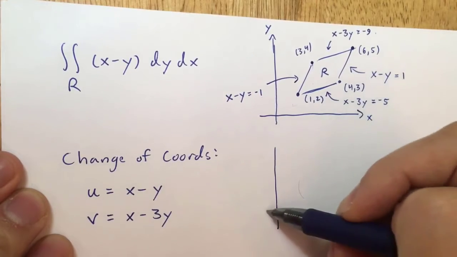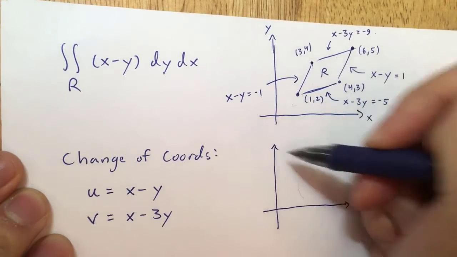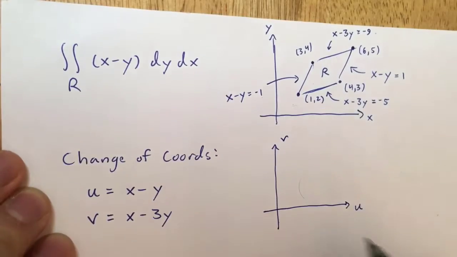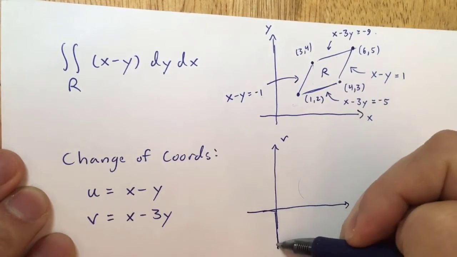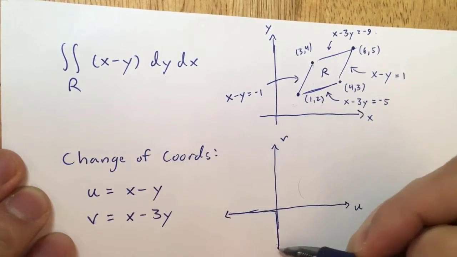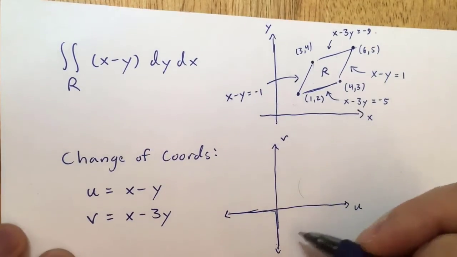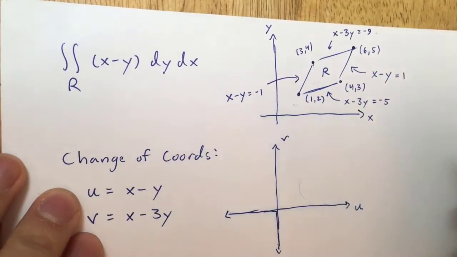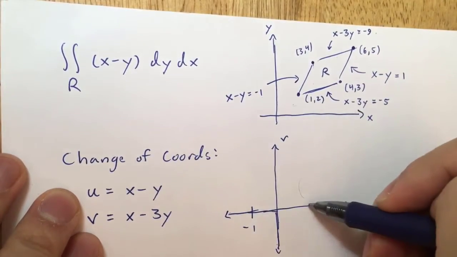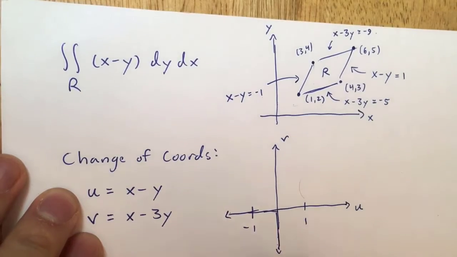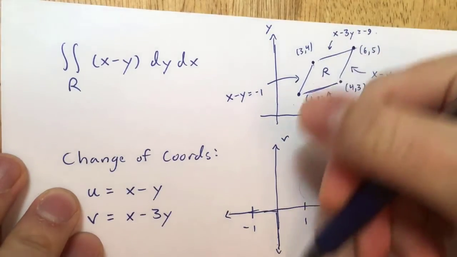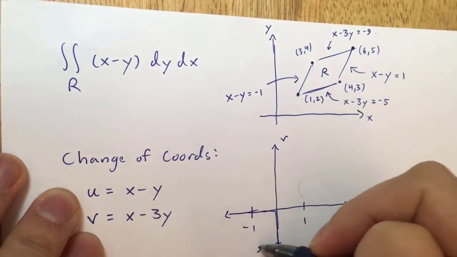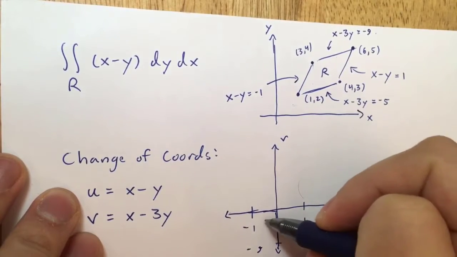So let's draw this picture in the UV coordinate system. Oops, I shouldn't have drawn it like that. I should have included more negative values, so I'll have to fudge things a little bit. U, we said, goes from negative 1 to 1, and V goes from negative 9 to negative 5.